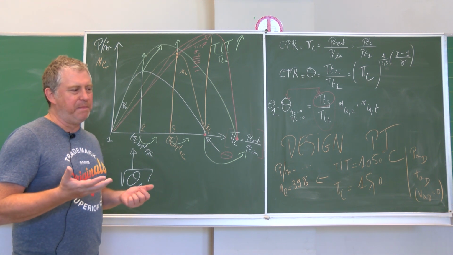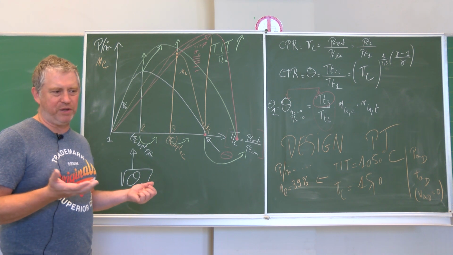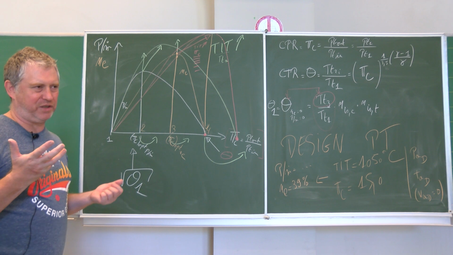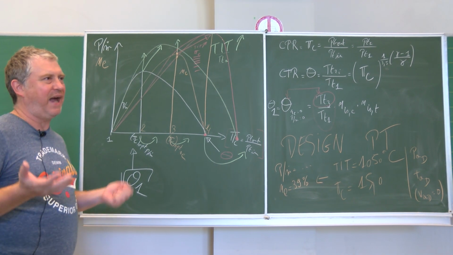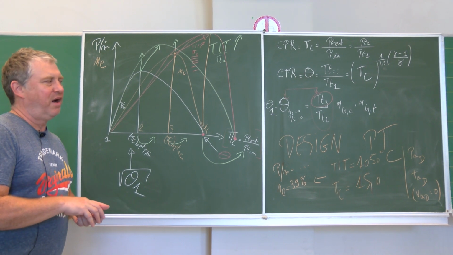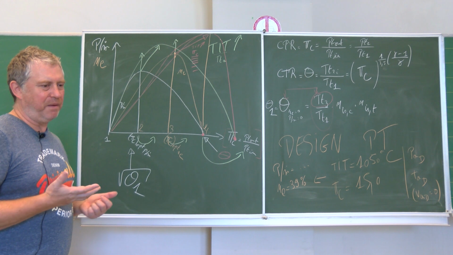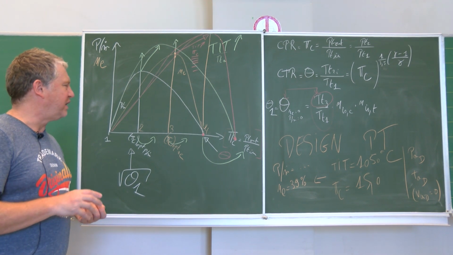Again, you will be very often outside of the design point, so the selection of this point is not so important. But you have to choose one, and after that, look at how this point will influence the performance outside of the design point.